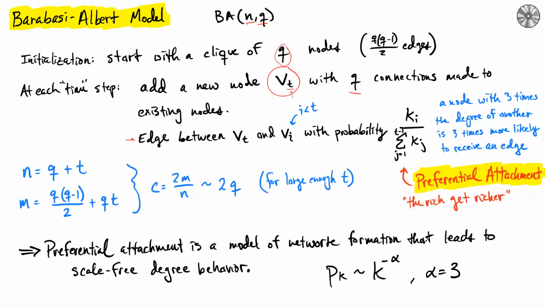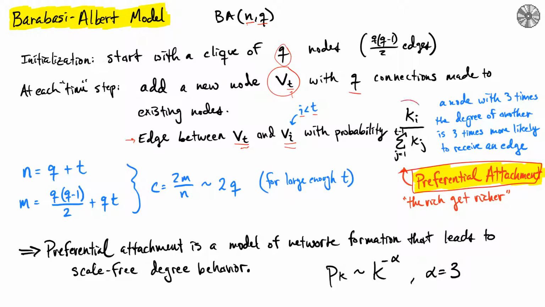So that means we're going to be adding an edge between some V_t and some V_i, where i is less than t. And this is the important part. This is what's called preferential attachment. The probability of adding the edge between V_t and V_i is not uniform across the nodes.